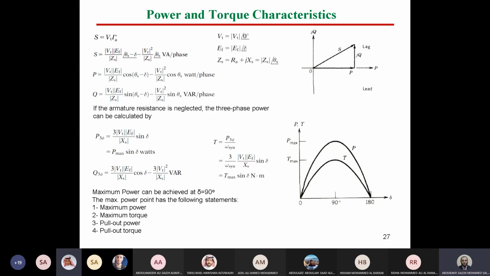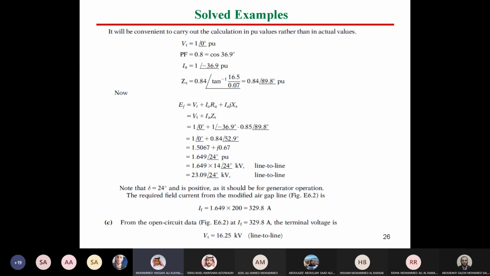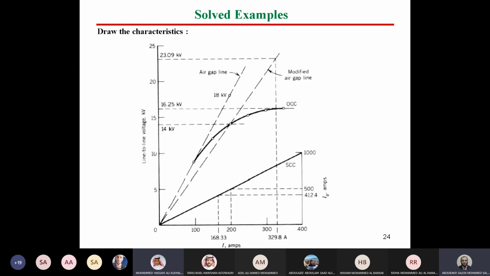Doctor, is the drawing of the characteristic important in this example? Drawing the characteristic is related to the example, so I will not bring it to you in the exam. It's just for your knowledge. If you would like to read, you can read, and if you have any question you can ask, but you don't need it in the exam.